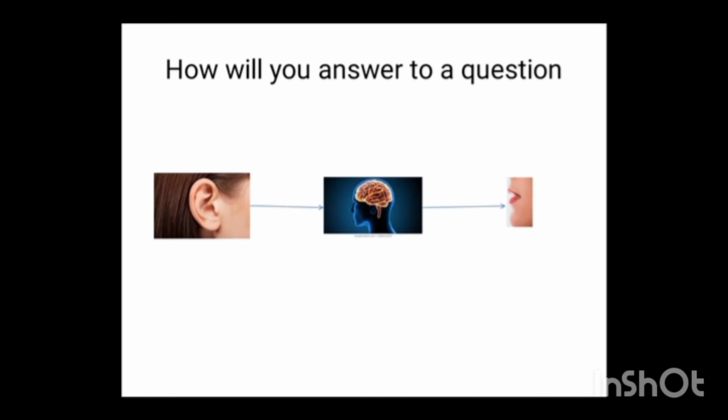And when the brain works, he will give the answer through his mouth. Okay, so here the process is going on in three ways, right? First, the student is hearing the question through his ears and his brain starts working and the answer will come out through the mouth, isn't it?